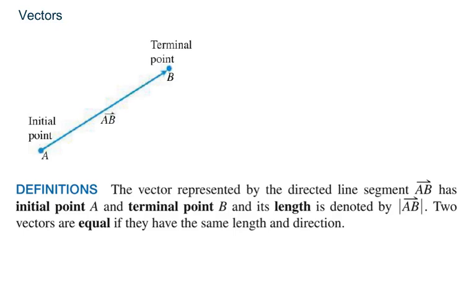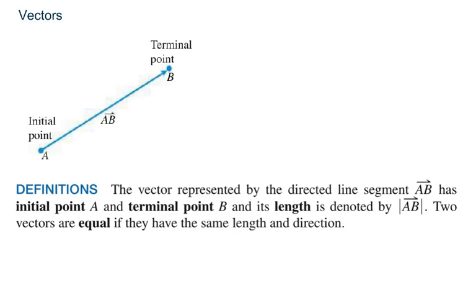The vector AB here, represented by the segment AB, notice I've got this little directional arrowed line above AB, has an initial point where we start, A, and a terminal point where we end, B. The length or magnitude is denoted using those two bars.